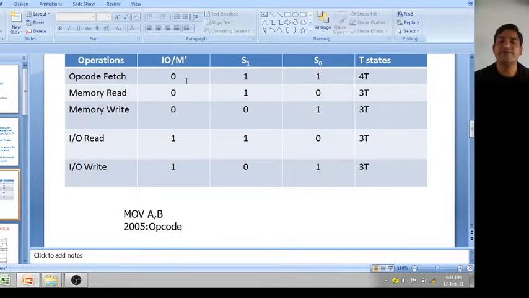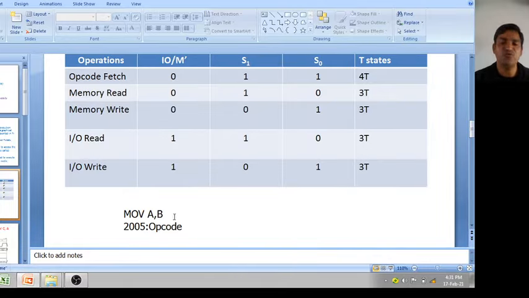Every instruction has one opcode, so the first byte will always be opcode. It means the minimum T states required in any instruction is 4T, and the maximum depends upon the memory read, memory write, input output read or input output write machine cycle.